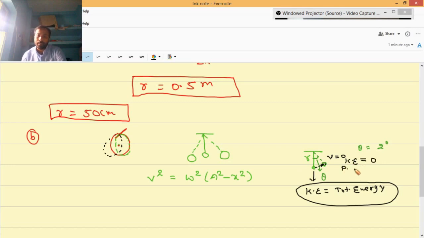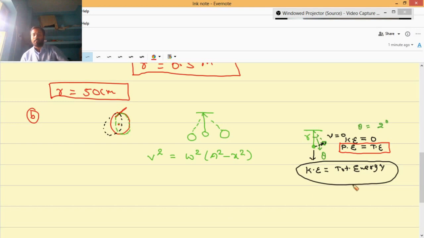So the total energy will be present in the form of potential energy only. So we have understood that at the extreme position only potential energy will be there, and at the mean position only kinetic energy will be there. But these two energies will be exactly equal. So how can we write this thing as the kinetic energy at the mean position?